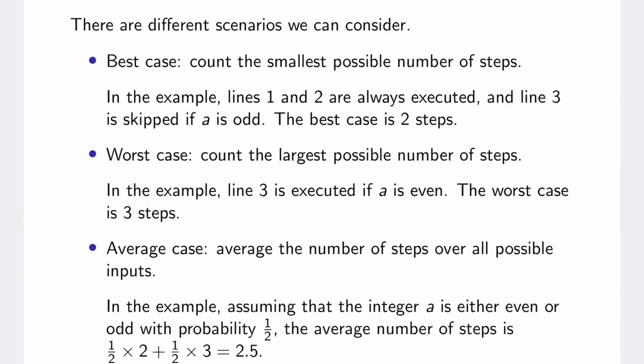So if A is either even or odd with probability 1/2, you could compute the number of steps as an expected value. It has 50% chance of taking 2 steps, 50% chance of taking 3 steps. So on average, it'll take 2.5 steps. That's cool, I guess.